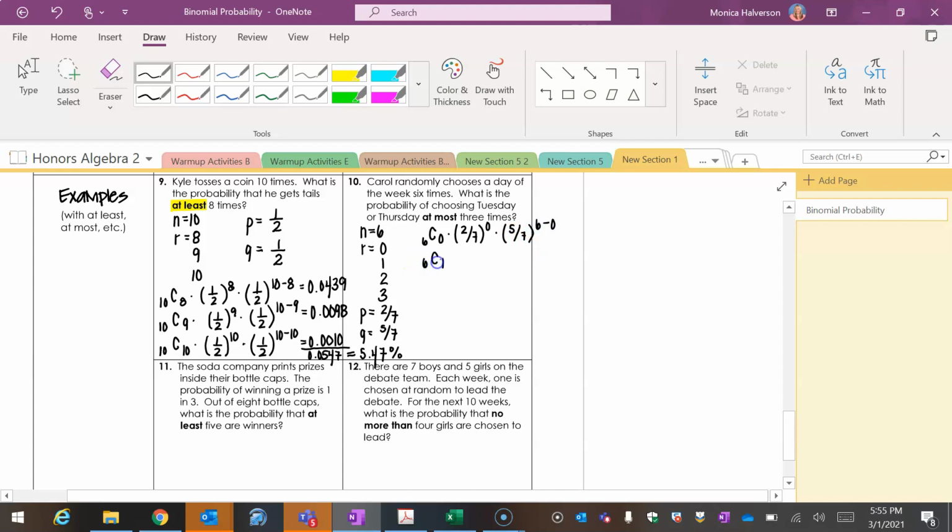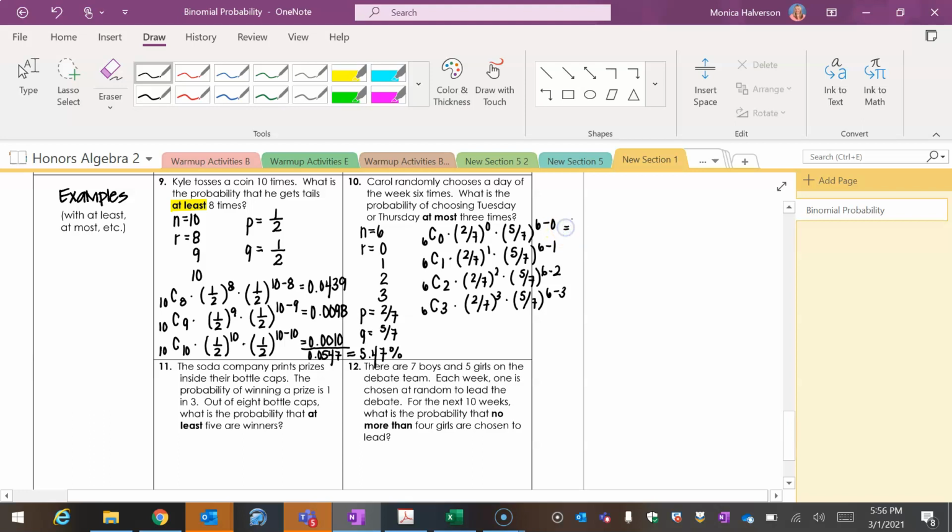And then 6 combo 1 times 2/7 to the first times 5/7 to the 6 minus 1. 6 combo 2 times 2/7 squared times 5/7 to the 6 minus 2. And then 6 combo 3 times 2/7 to the third times 5/7 to the 6 minus 3.